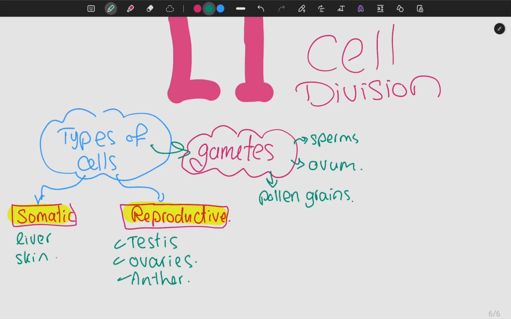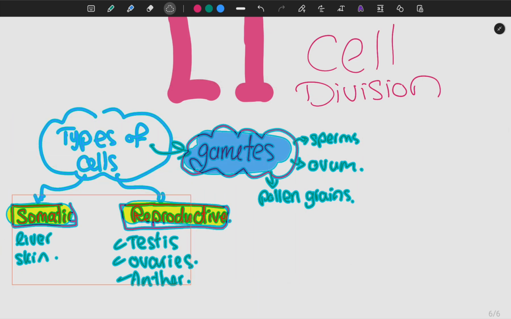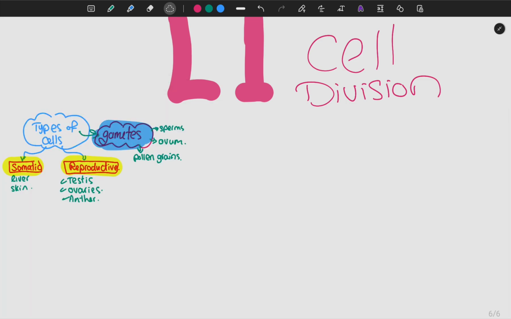So gametes are also a type of cell in our human body or the living organisms' bodies. So these are the types of cells: somatic, reproductive, and gametes.